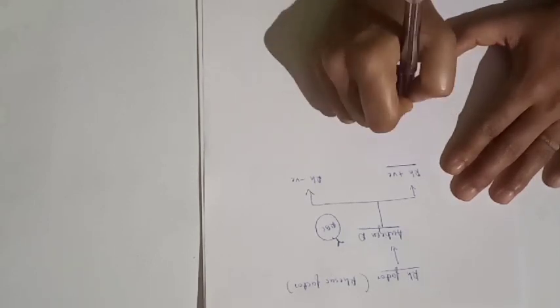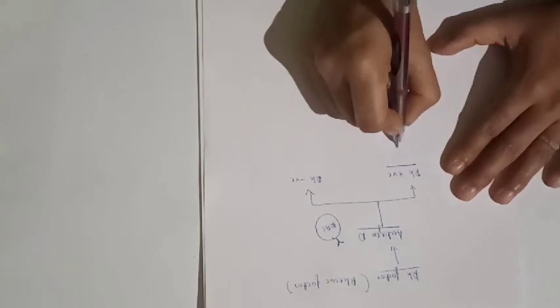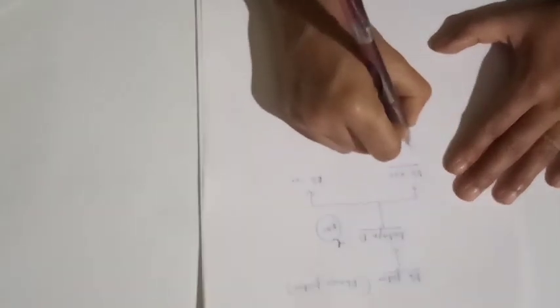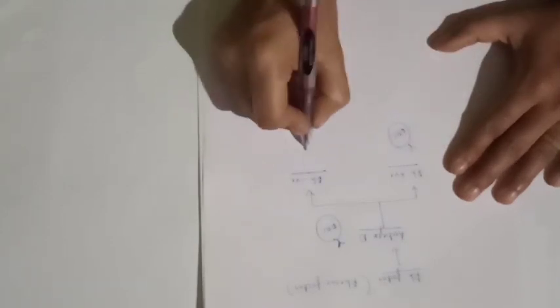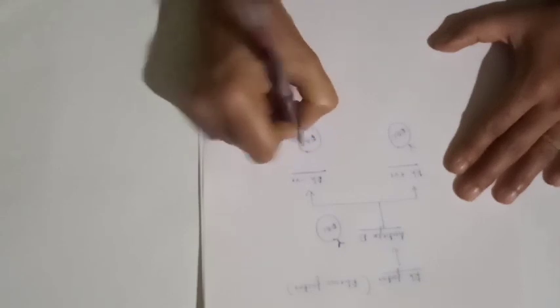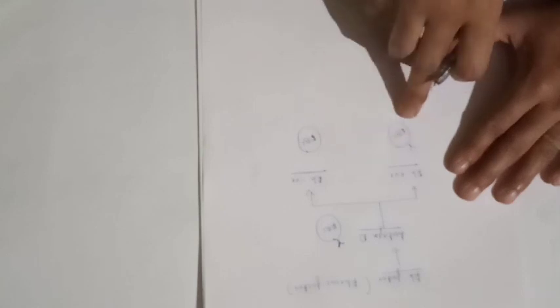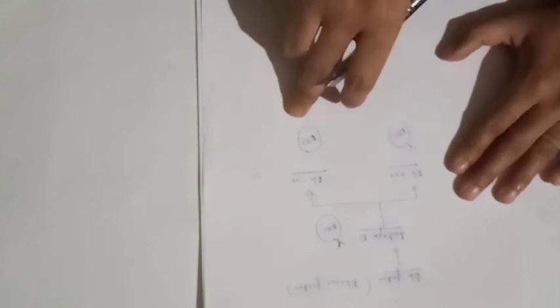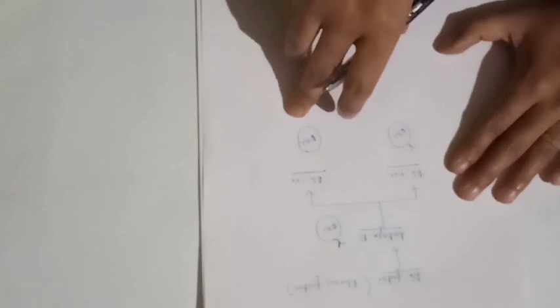RH positive individuals are those who have antigen D on the surface of their RBC. RH negative individuals are those who do not have antigen D on the surface of their RBC. Here the RH factor is present on the surface of RBC, and here it is absent.